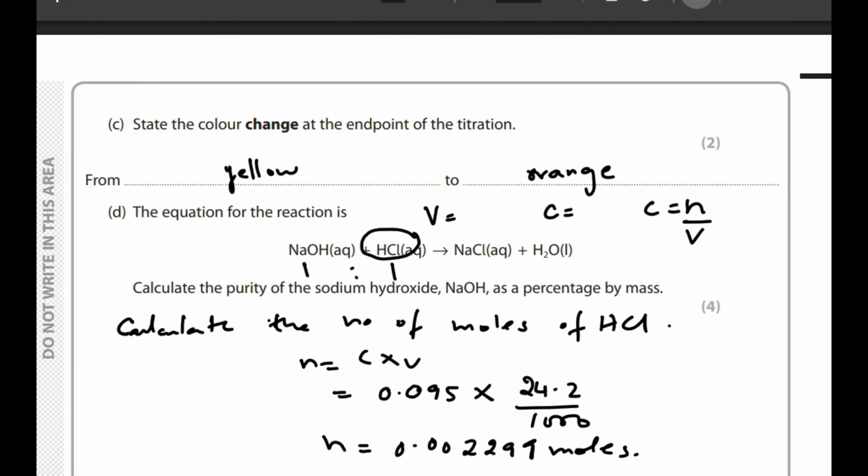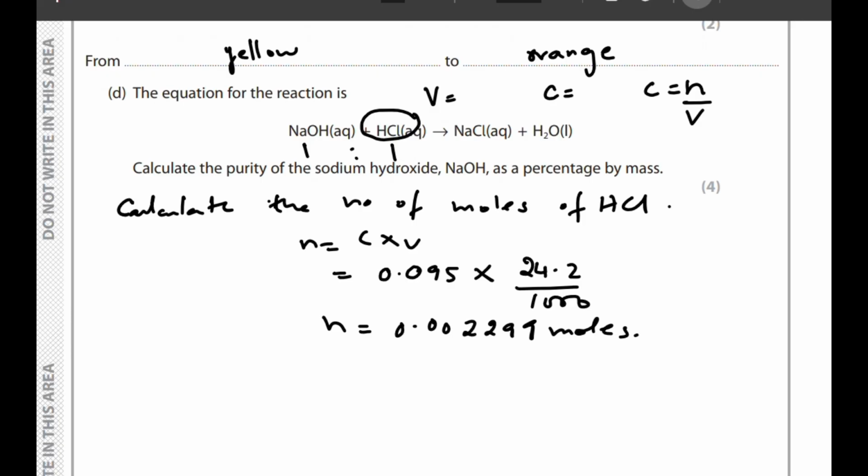Now these moles are of hydrochloric acid. You know the ratio of hydrochloric acid and sodium hydroxide is 1:1. So the moles of sodium hydroxide will also be 0.002299.